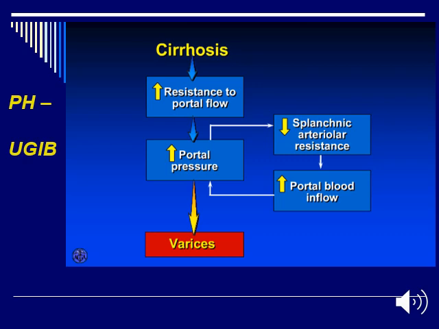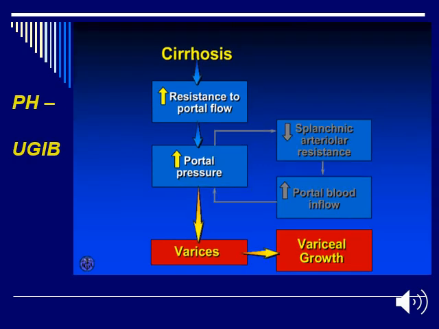As a trial to decrease it, there will be splanchnic vasodilatation to decrease the arterial resistance, but after this dilatation it will increase the portal blood flow, and this portal flow will increase the portal hypertension more, and it will be a vicious circle to form varices, and the varices with time will grow.